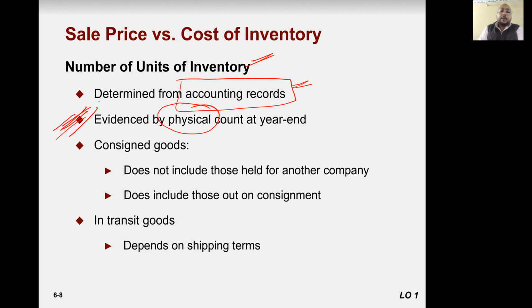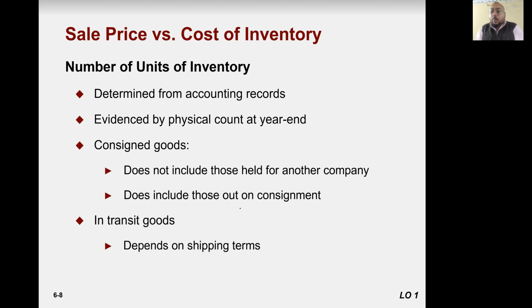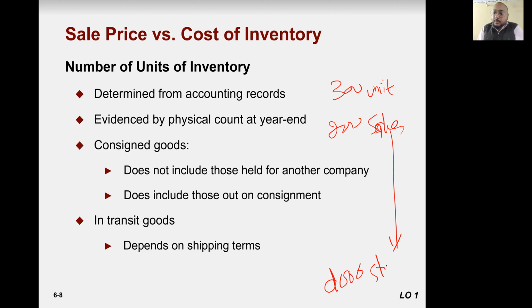All right. So consigned goods: the count does not include those held for another company and does include those out on consignment. So the question is, when you receive an order, for example, you have 300 towels, you receive an order for 200 as a sale, and the customer said, send to our doorstep.